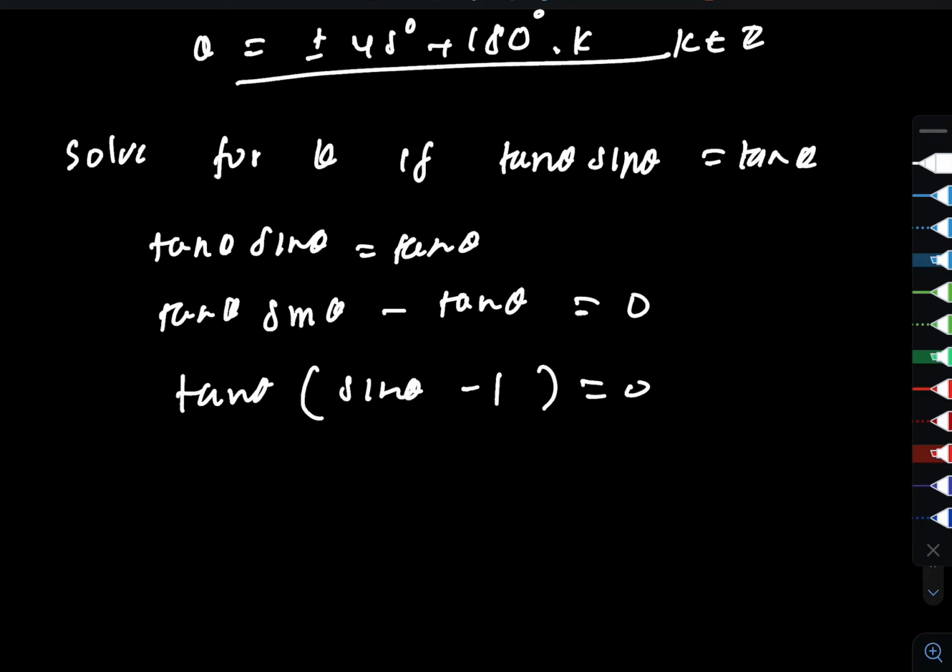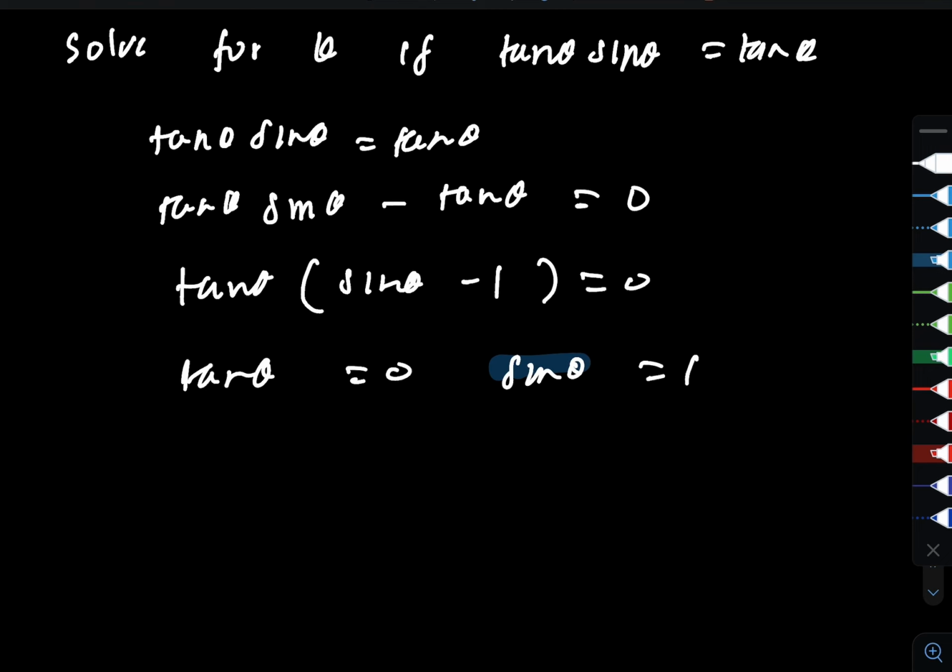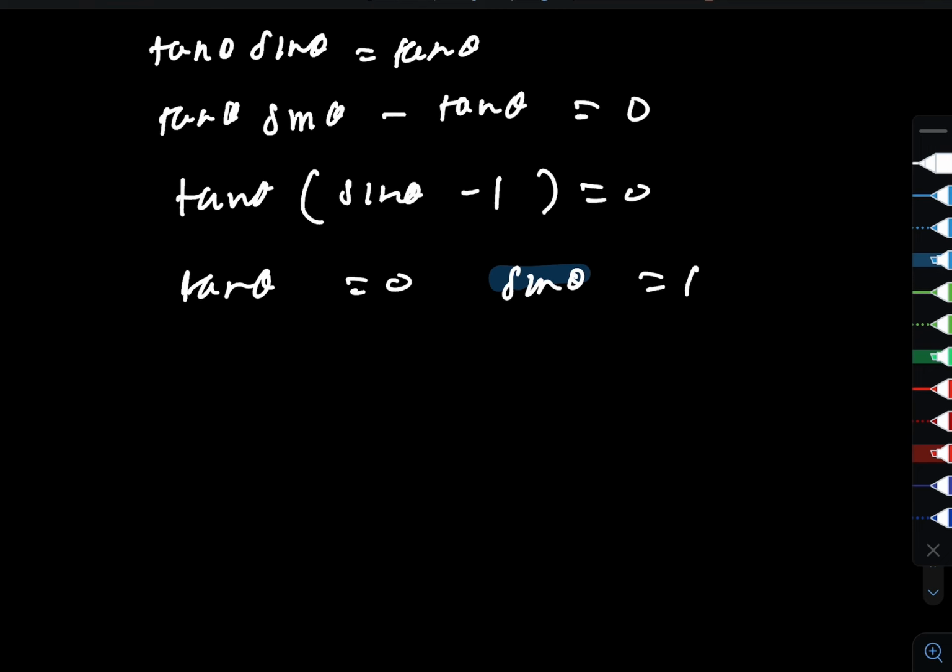You can see I'm speeding through this because I know it's not a problem for us anymore. So tangent θ equals 0 and sine θ equals 1. For this one, we're not going to have a denominator, so we're not particularly worried about that. You can give the solution for sine θ equals 1, but I'm not particularly interested in that.